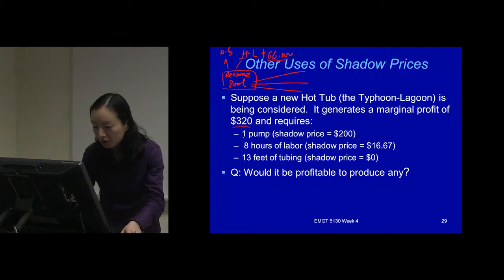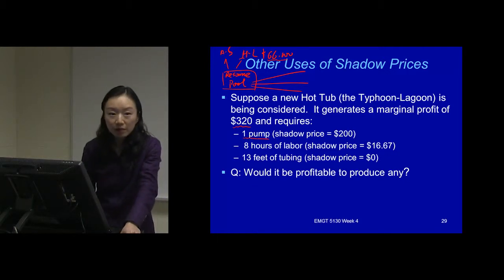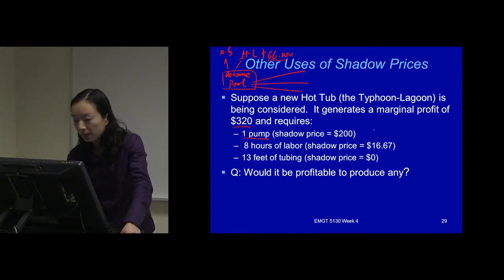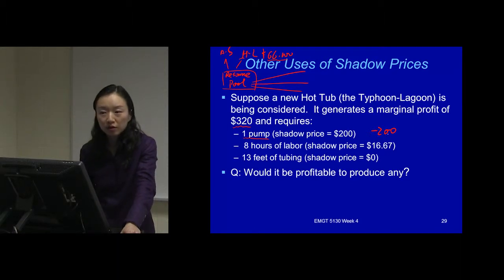So let's look at it. By taking 1 unit of pump from that resource pool, the shadow price is 200. When you decrease it, you're decreasing the available resources, which is decreasing the right-hand side that you use to produce equal spots and hydrolysis, by 1 unit. So you're going to take away 200 from your total profit. Does that make sense?